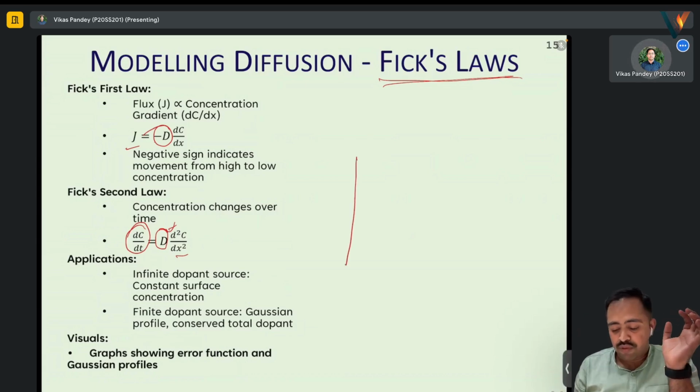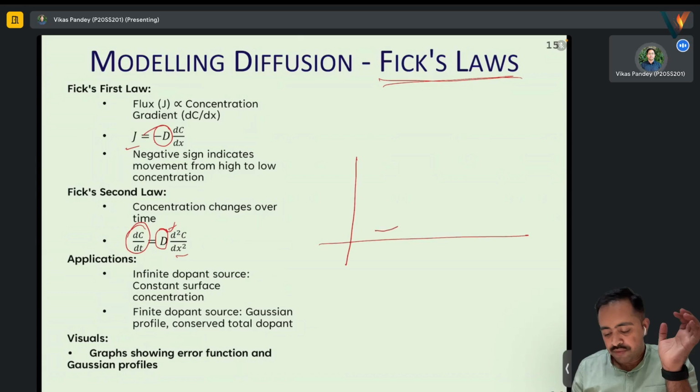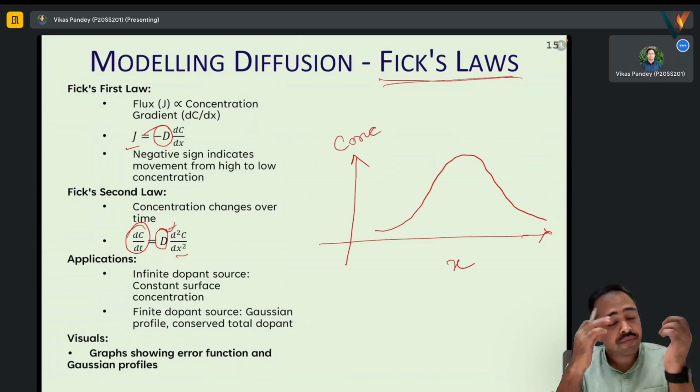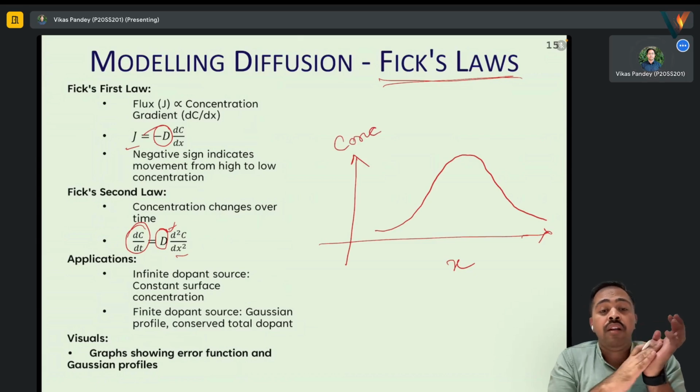Gaussian profile, we know, is like the concentration will rise and then form a bell-shaped curve. Mostly it is presented by, this is x and we can say this is concentration. So a Gaussian kind of profile is to be created. In that case also this is used.